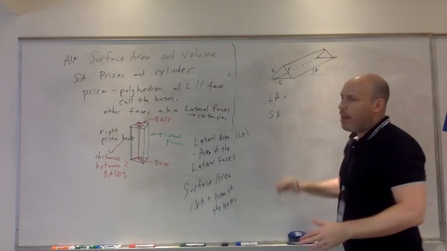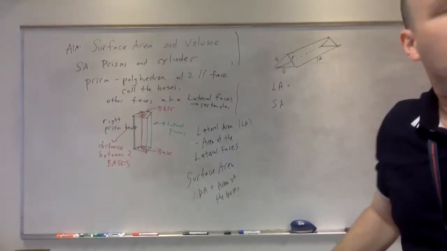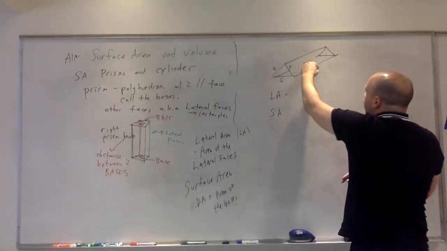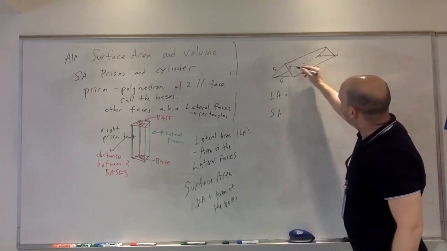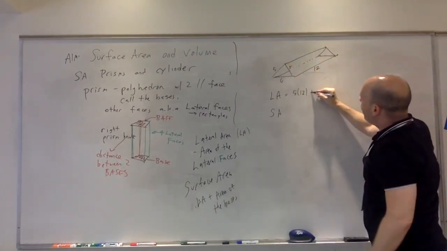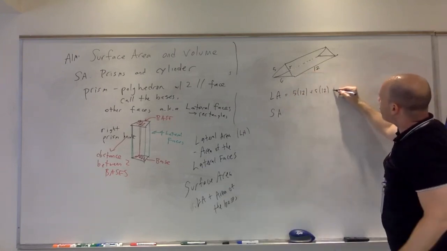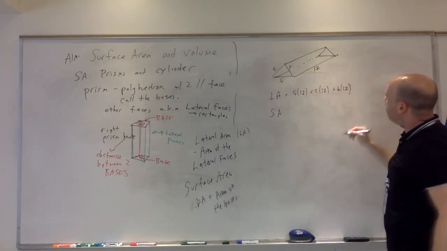The lateral area is the area of the 3 rectangles. The first rectangle is 5 by 12. The second rectangle is 5 by 12. And the third rectangle is on the floor, 6 by 12.